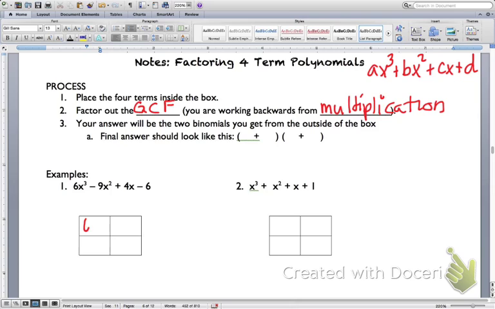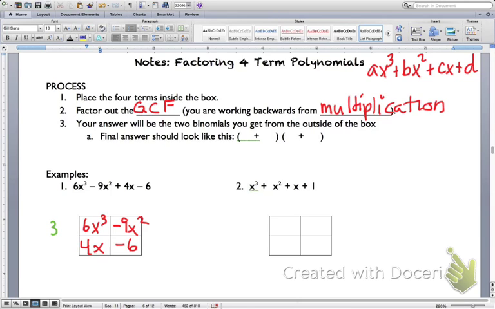We're going to have 6x cubed, negative 9x squared, 4x, and minus 6. Now we're going to ask ourselves, what is the GCF of the top two terms? When I'm talking about the top two terms, I mean these two. They're both multiples of 3, so I'm going to start my GCF as having a 3.